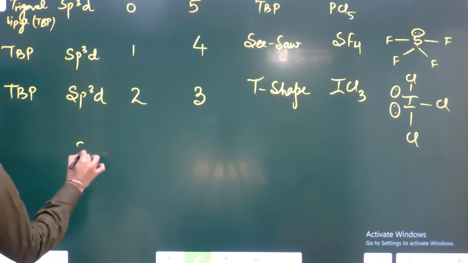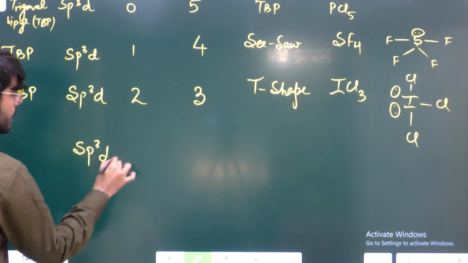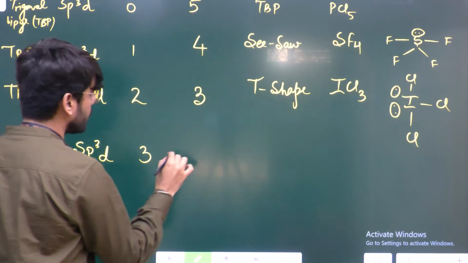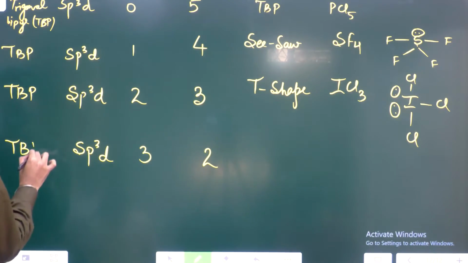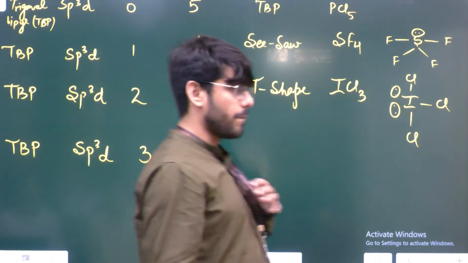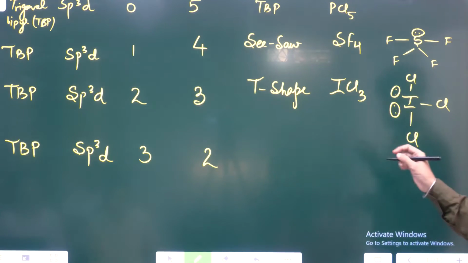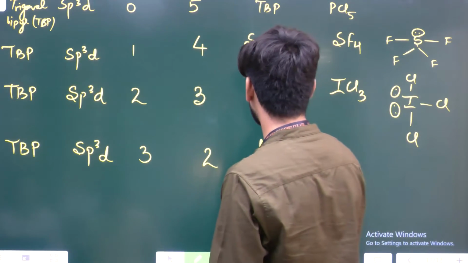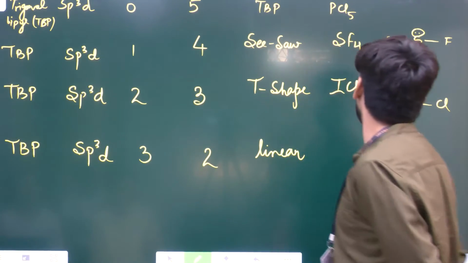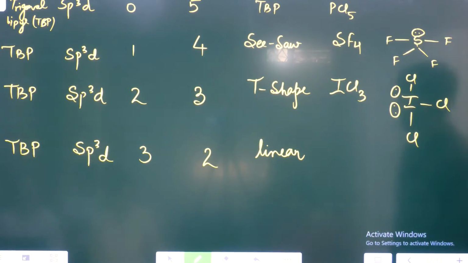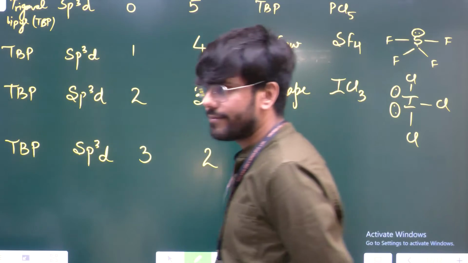Next. sp3d, 3 lone pair, 2 bond pair, TBP. Can you please tell me what it is? Linear shape. It is linear. An example? Any example?